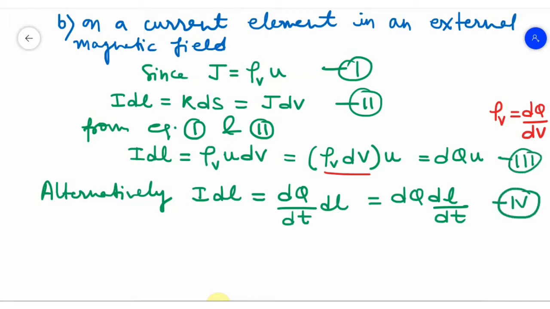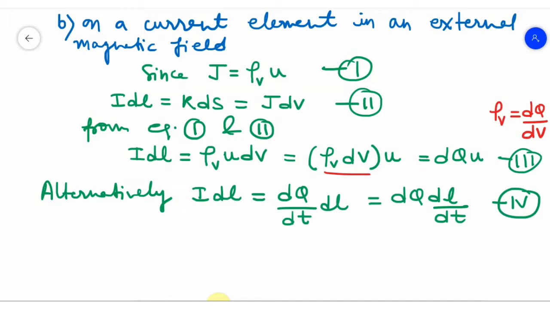Now see equation 3 and 4. IDL equals dq into u. Here IDL equals dq into dl upon dt. Yes or no? So what can be concluded?